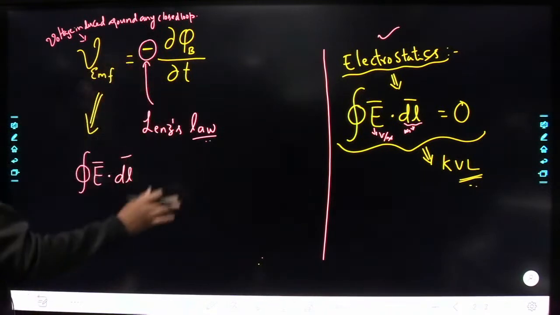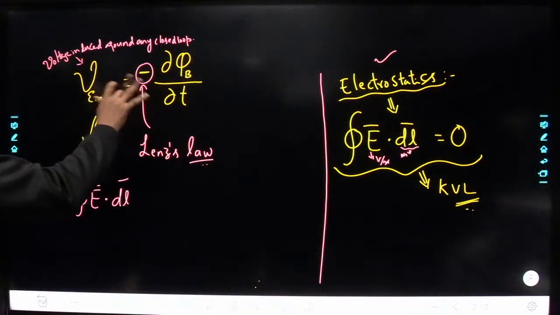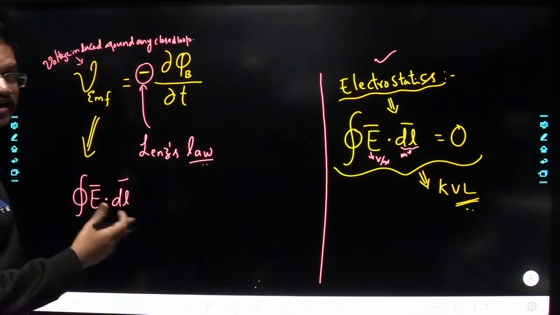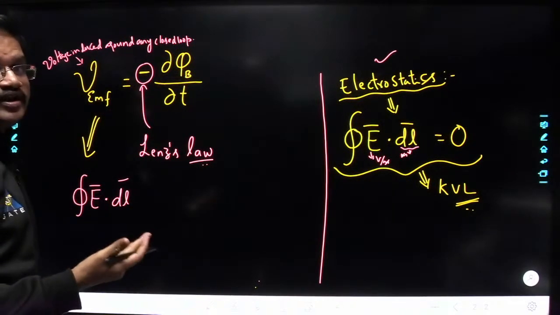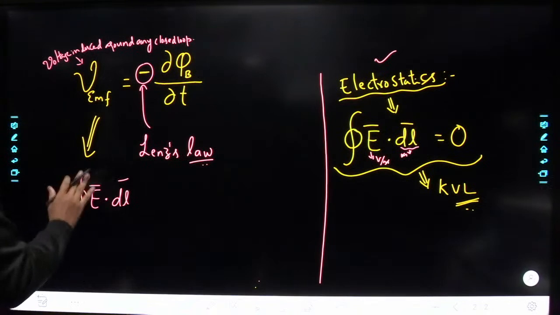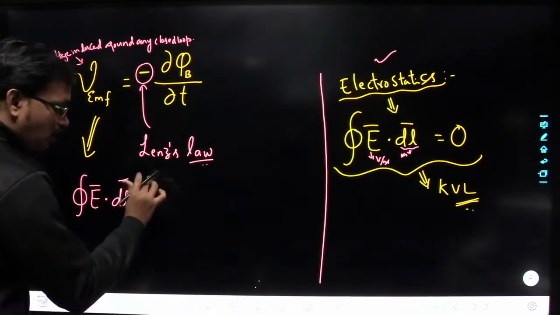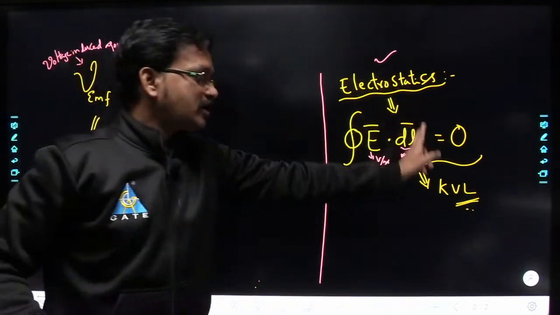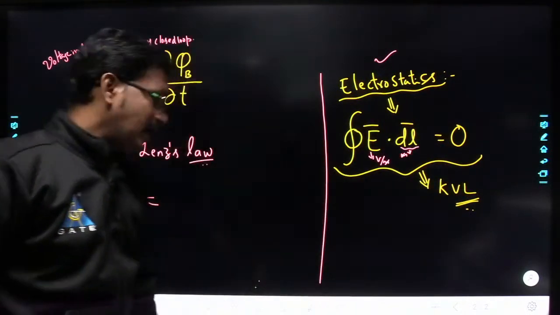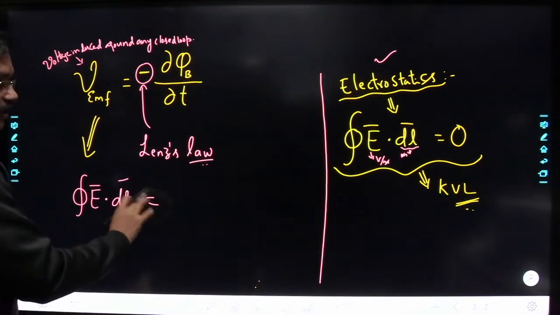Now in the time varying case, we are dealing with time varying fields. Here the circulation of electric field around any closed loop is not equal to 0, whereas in electrostatics it was equal to 0.